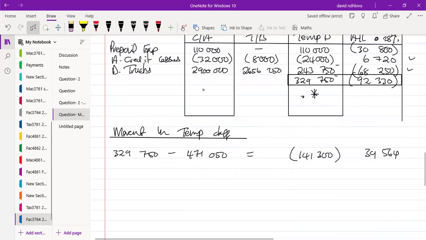So we had a positive amount of 329 minus 471. It gives a negative 141,300. Then to get this figure, remember the rate is 28%, so we just multiply that by 28. But remember, if the temporary difference is negative, then the deferred tax will be a positive amount.